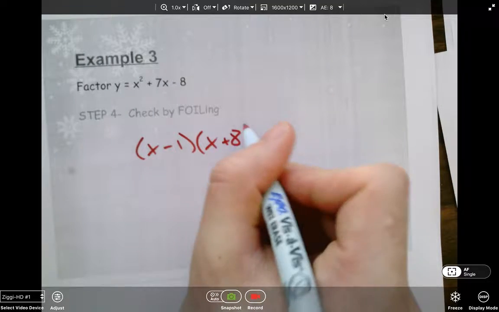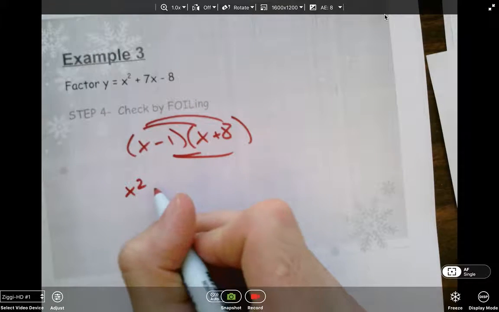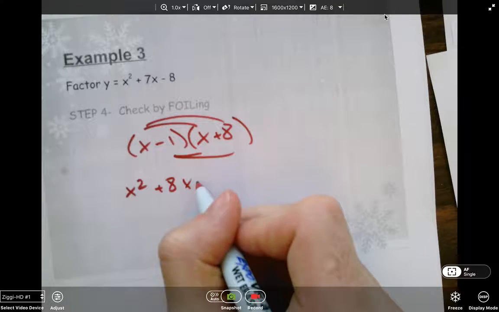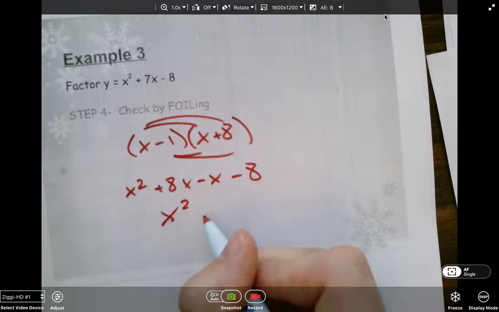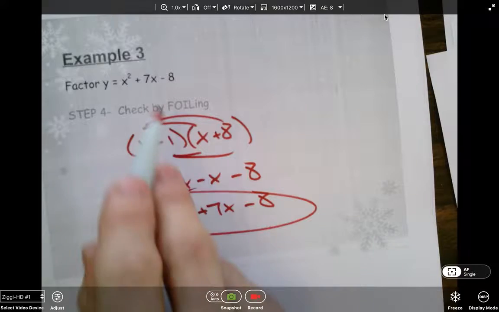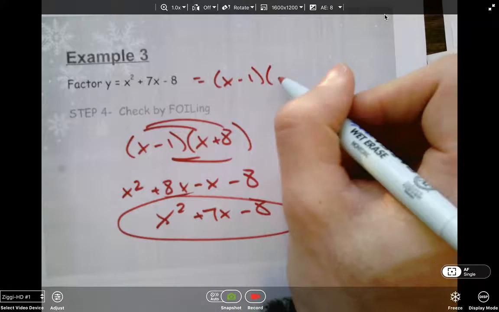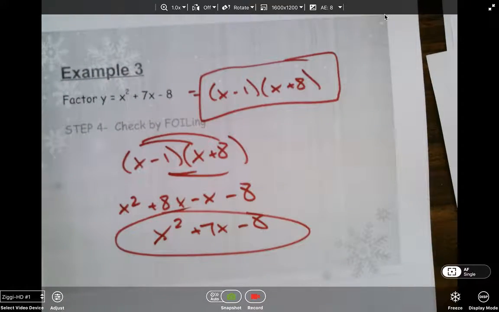It's always a good idea to use this technique when we are checking. x times 8 would be 8x, negative 1 times x would be negative x, negative 1 times 8 would be negative 8. Combine our like terms, and it's the same exact thing. So that works out fantastically. x minus 1, x plus 8, that would be our factored form of this.